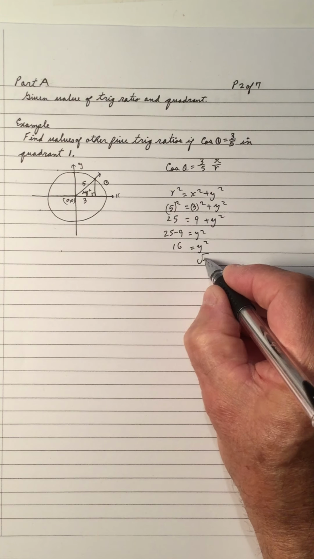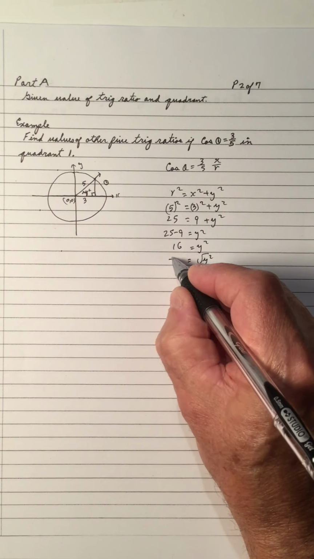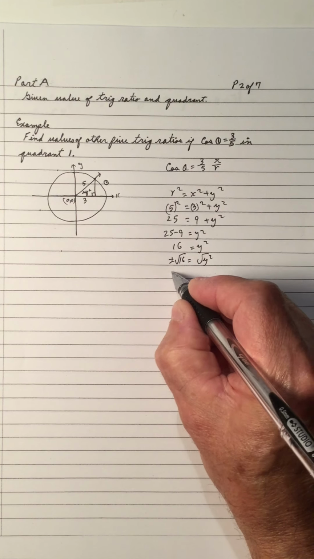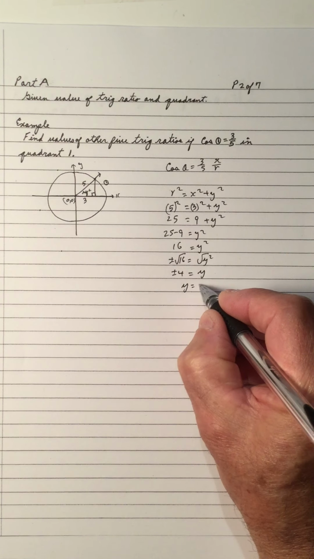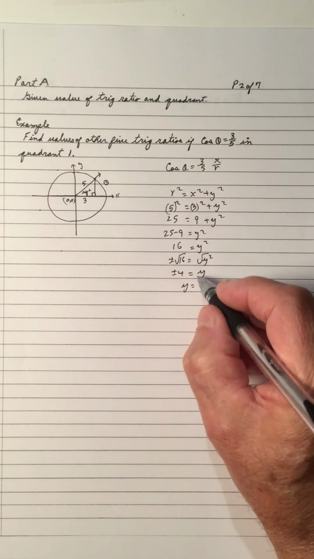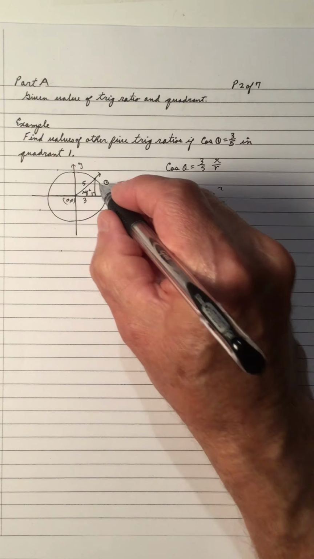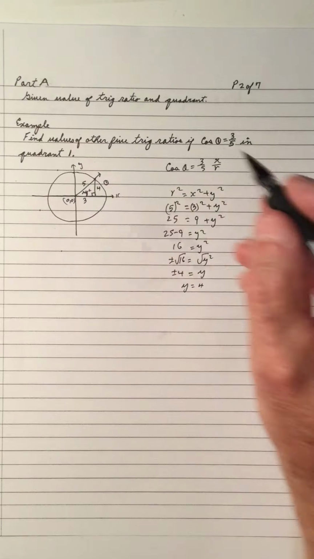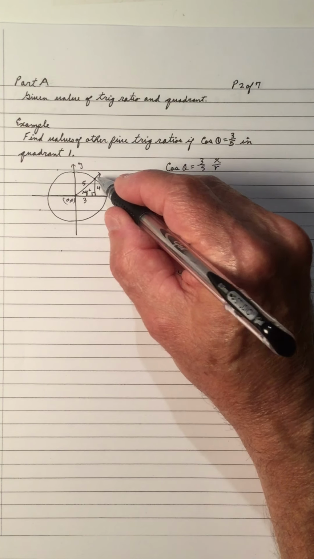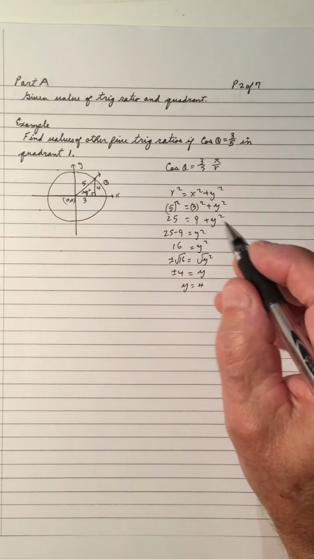So the square root of y squared is plus or minus the square root of 16, which is plus or minus 4. In this case, y is positive. Now, y could also be a negative, depending on the quadrant. But in this case, because it's first quadrant, the y is 4.